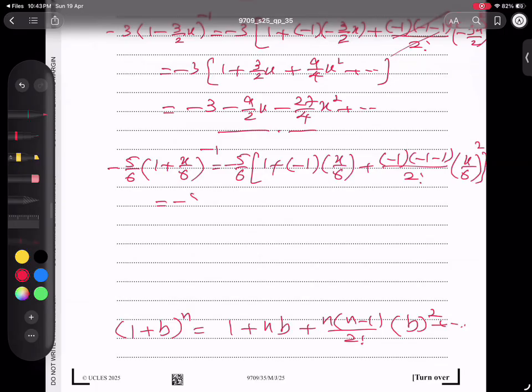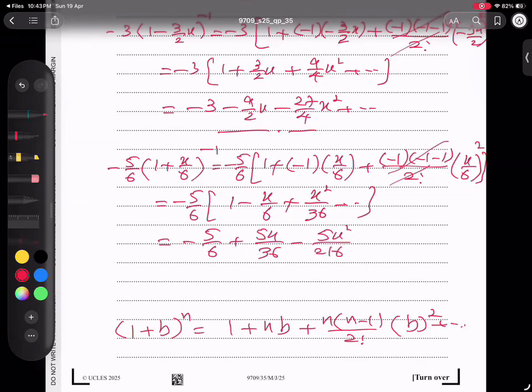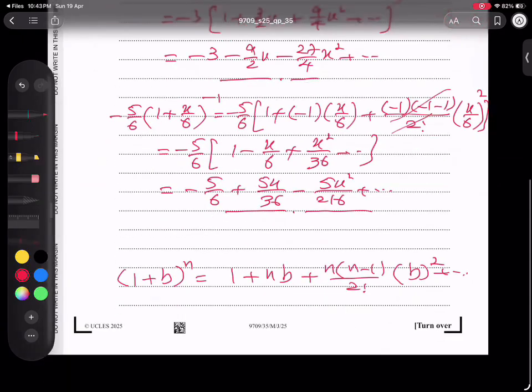So I can write negative 5 by 6. Here I got 1 minus x over 6 plus, this cancels out, x square over 36. So I open the bracket: negative 5 over 6, positive 5x over 36, and negative 5x to power 2 over 216. This is done.